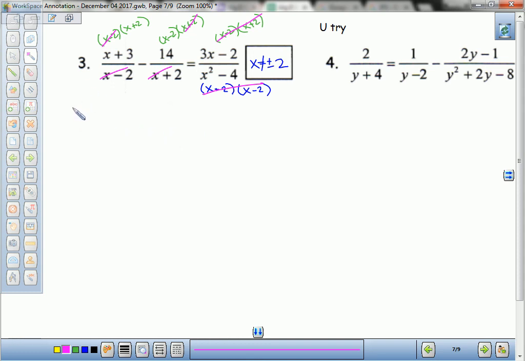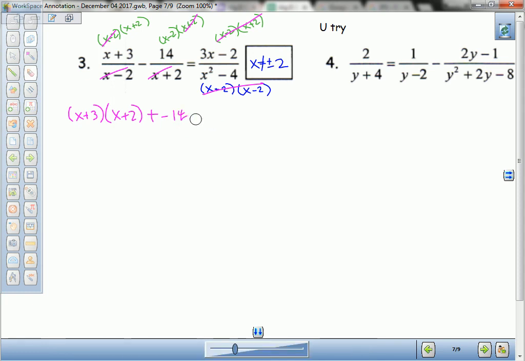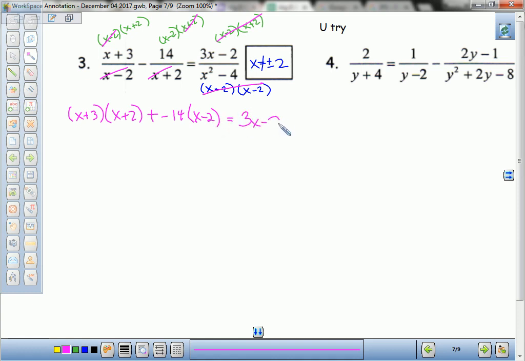Okay, so what are we left with here? We're left with x plus 3 times x plus 2, plus a negative 14 times x minus 2, equals 3x minus 2. You could leave that minus 14 because there's only one term there.